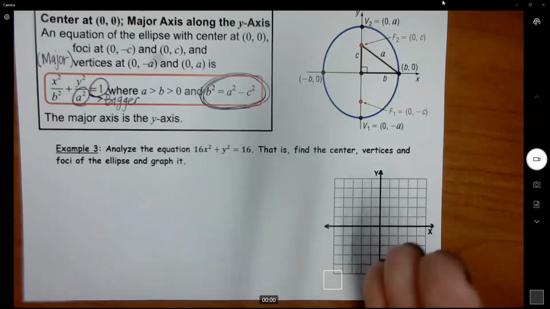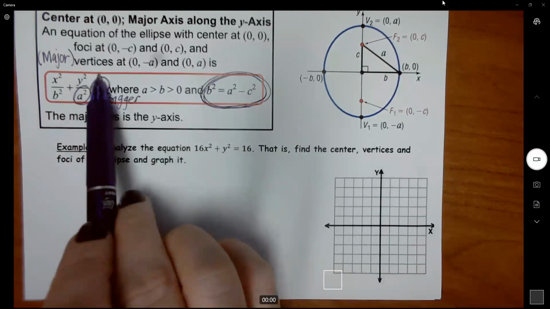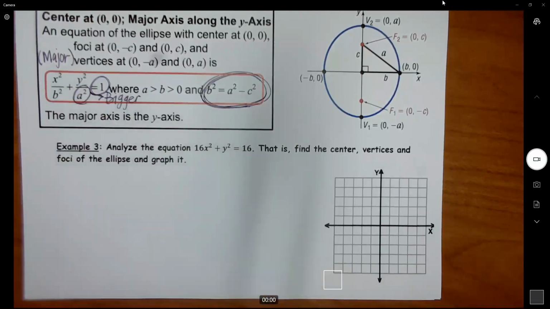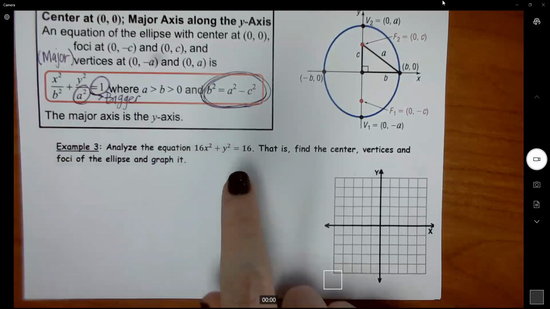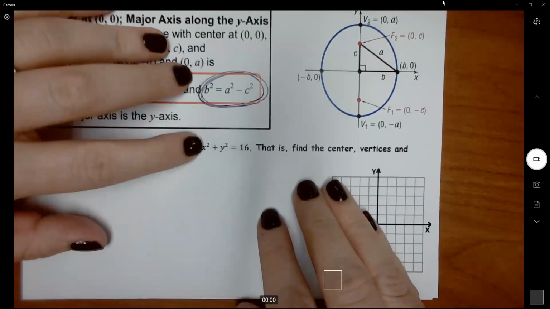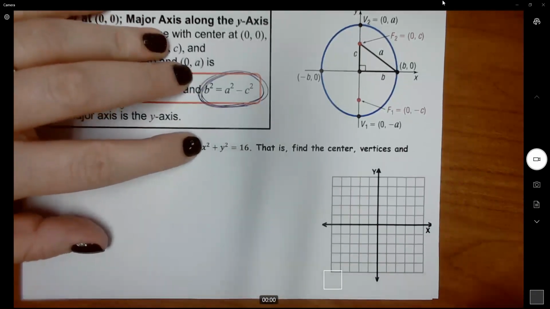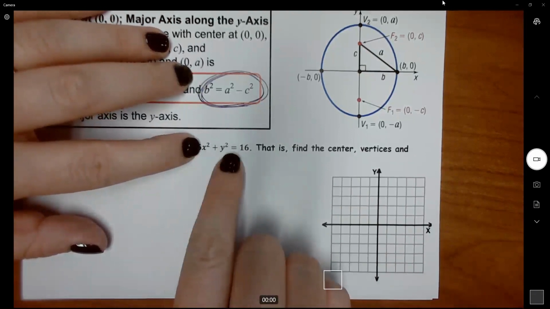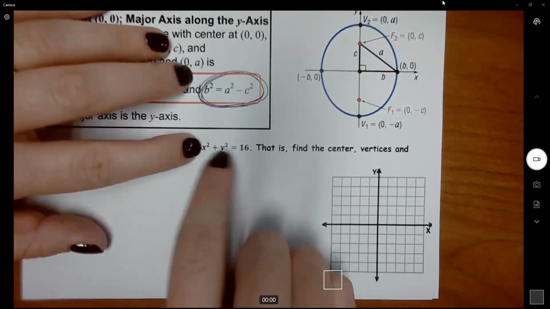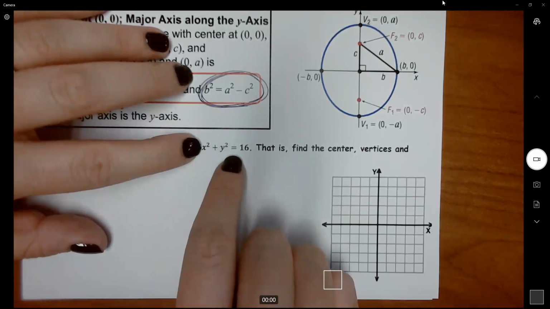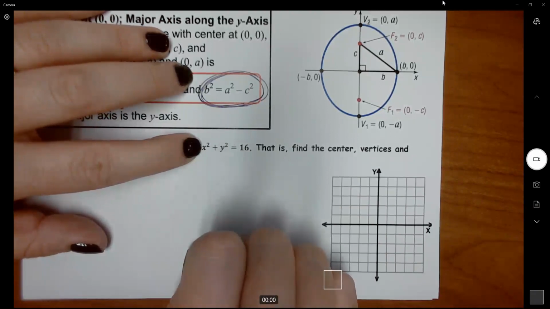Now, I still know, even though it's not exactly in this form, that this is an ellipse. This would be a circle if that 16 wasn't there. What makes a circle is that it's not stretched in any way, right? It's equal distance all the way around. And to make that equal distance, you have to have the same coefficient in front of your x squared term and your y squared term.